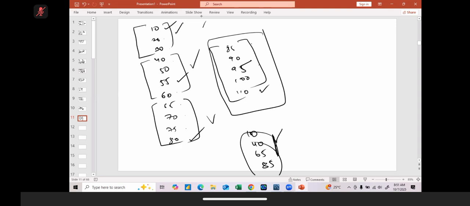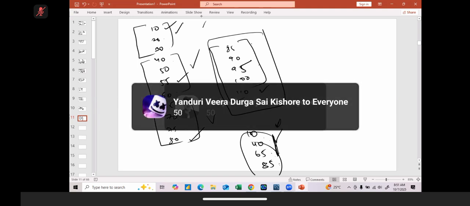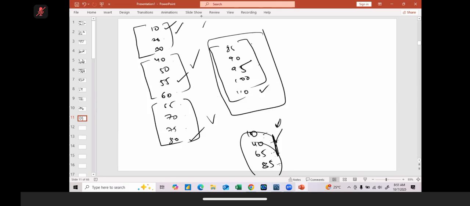For example, if we take the average of 10, 40, 65, 85, what will be the average? 10 plus 40 plus 65 plus 85, that will be 200. 200 divided by 4, as we have 4 numbers.